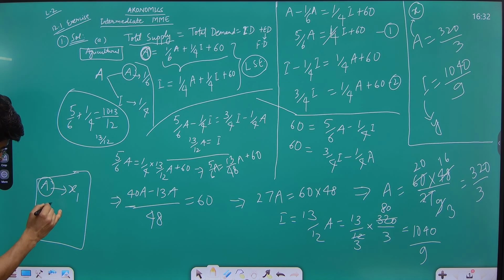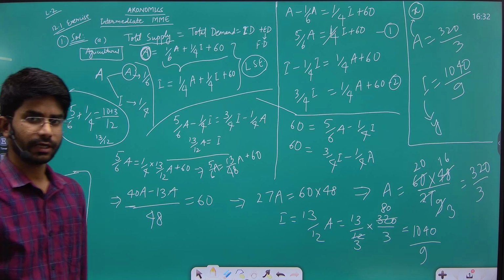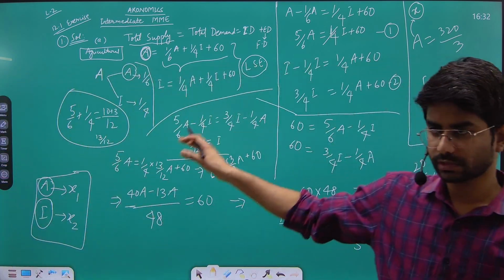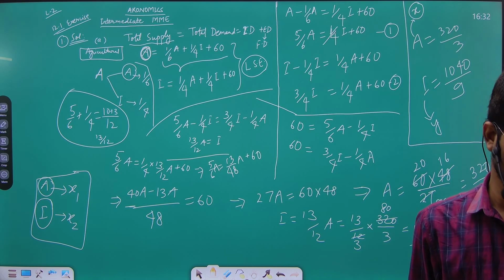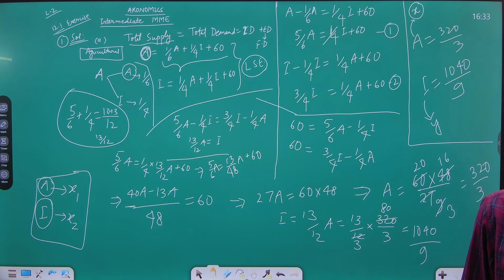Similarly, whatever the production you have in industry I, you can write it as X2. Okay, so just take a note of it, and I hope you can similarly solve the other given questions of 12.1. If you find any issue, just let me know.